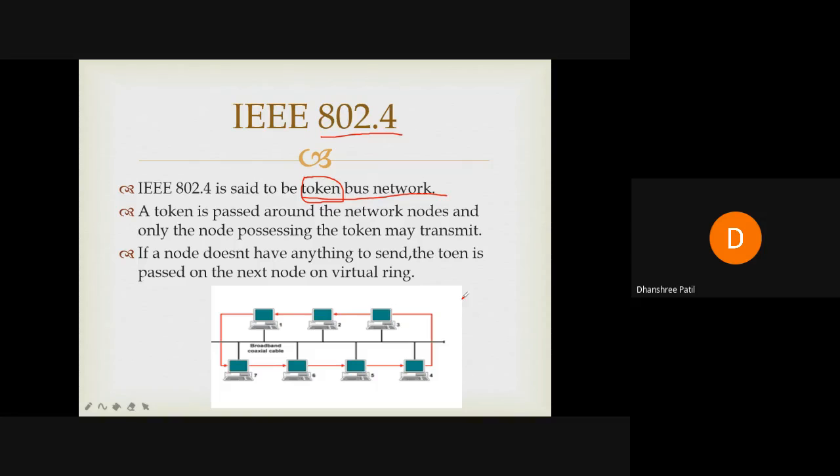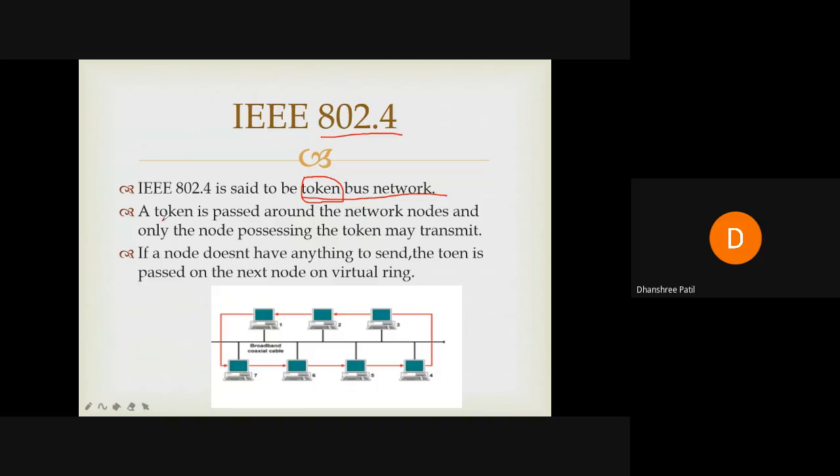Out of all the nodes available here, the node which wants to send a message or a frame should have a token along with it. Suppose node number 1 wants to send a message, then that node must have the token. Then only that node can send a message. So 802.4 is specially used for a token bus network.